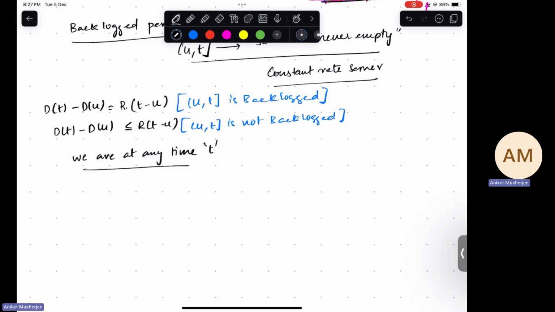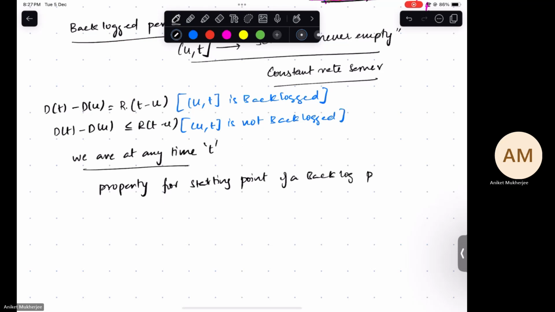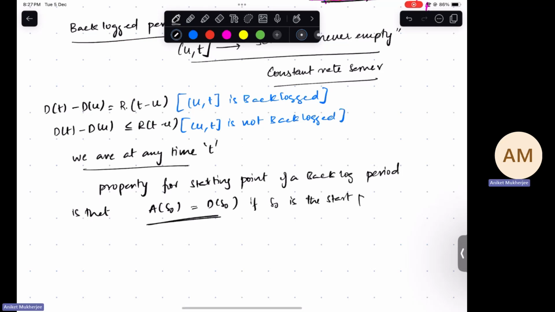So the property for the starting point of a backlog period is that as0 equal to ds0, right? If s0 is the start point of the backlog.